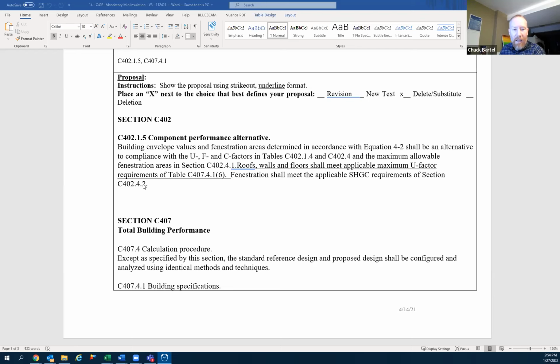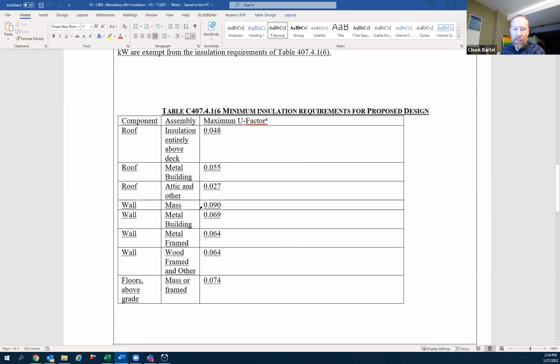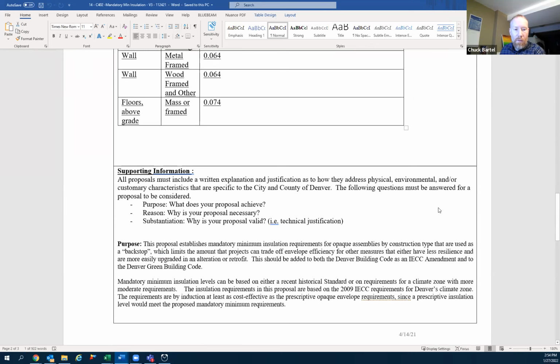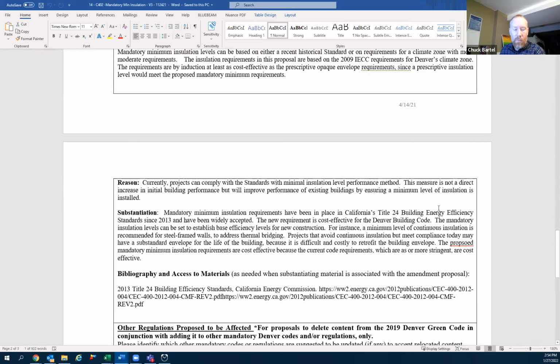Okay. Next, in the table, there's a footnote A after the U-factor, and I didn't see a footnote reference.